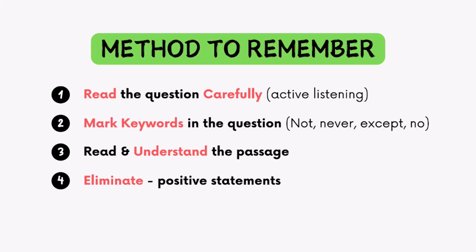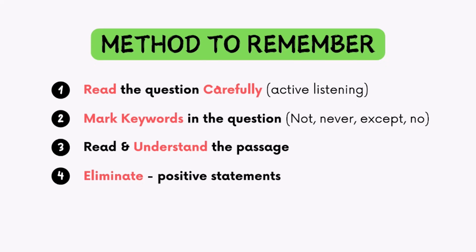So first, read the question carefully. You have to give special attention to reading the question. Then your second task is to mark keywords in the question. Try to mark keywords like not, never, except, in addition, such as, incorrect, not true, avoid, refuse, restrict, completely negative things.